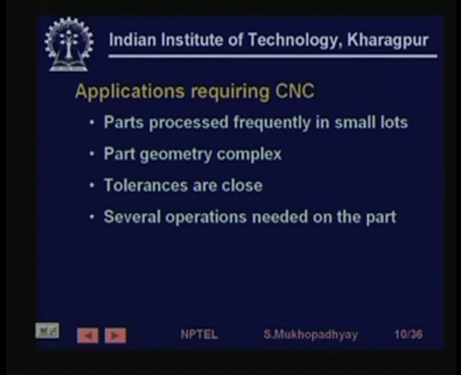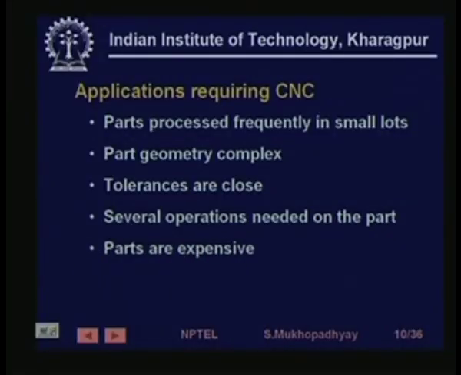When several operations are needed on the part, again it is related to setup time. You may need various kinds of tools working on that, so you will lose a lot of time changing tools, while with technologies like automatic tool changers and a wide variety of tool magazines, tool changing is generally achieved very efficiently in CNC machines.